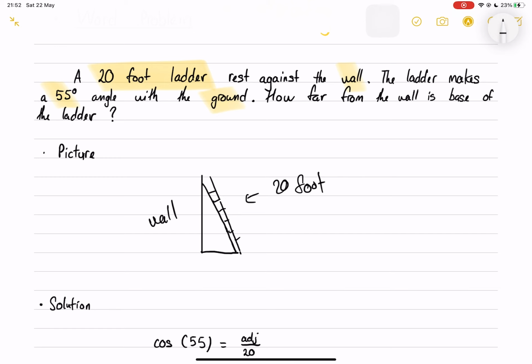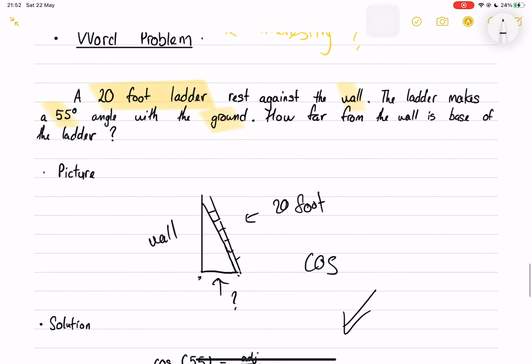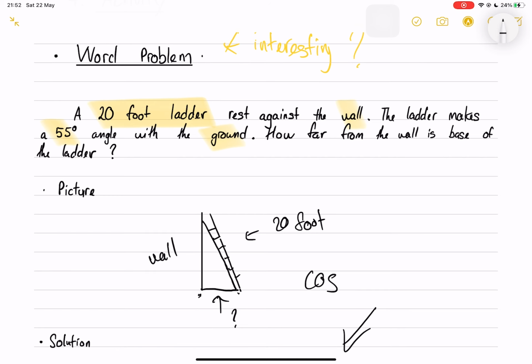And the problem is asking for the length of this. The base is the length from the ladder to the wall on the ground. So we use cosine, which I already solved at the bottom, but can you guys figure it out?